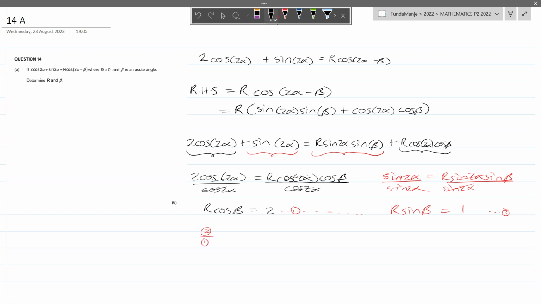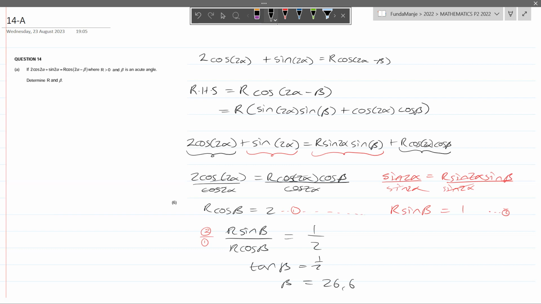This will yield r sin β over r cos β is equal to 1 over 2. R cancels r, we have tan β is equal to a half, and we know this happens when β will be 26.6 degrees if you use your calculator to find the arctan of a half.